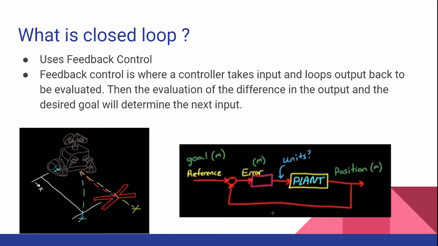So in this case, Wally would have an output, and let's say he moves 1 meter, and let's say the angle is wrong. It would sense that and say, okay, Wally, you are not going where you're supposed to be going. You went X degrees this way.